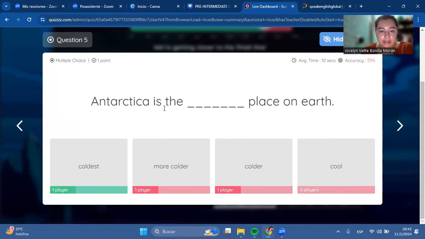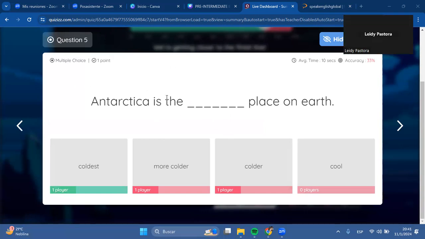And that's the same here. We have the. So Antarctica is the coldest place on Earth. All right? Is it clear? Yes, okay.